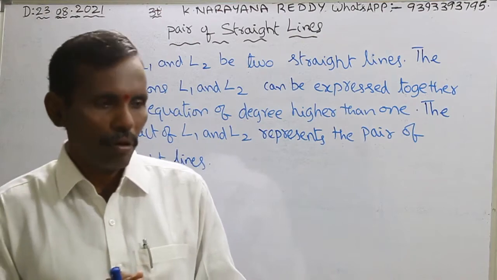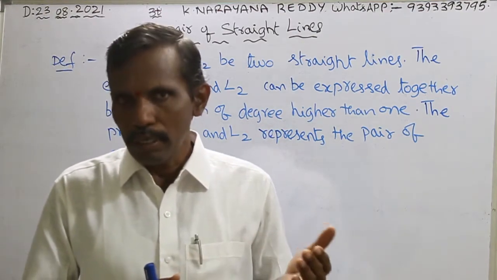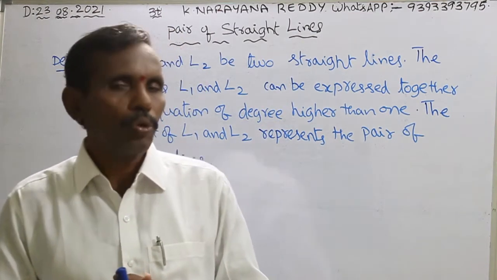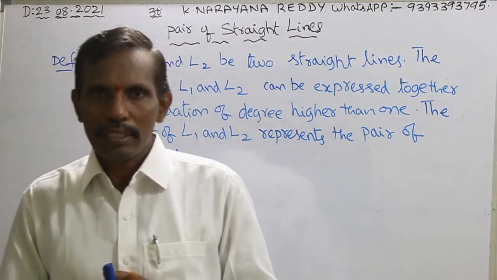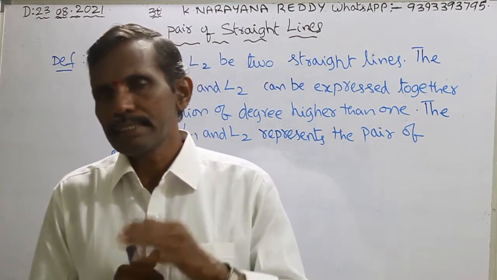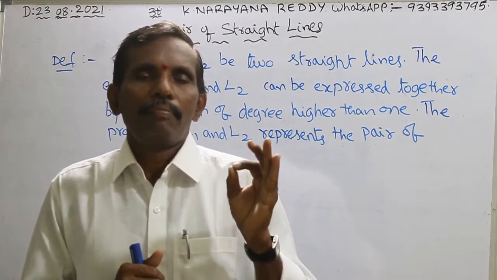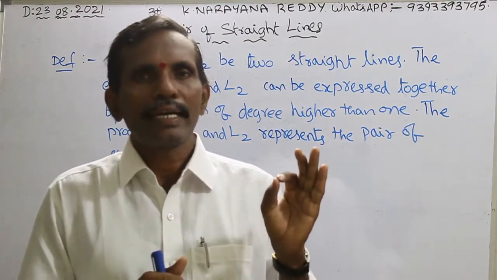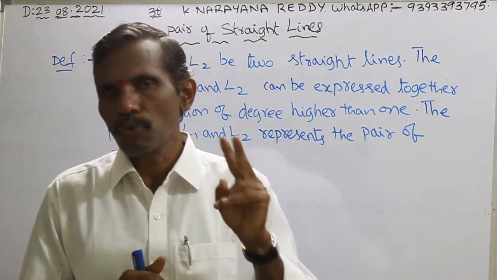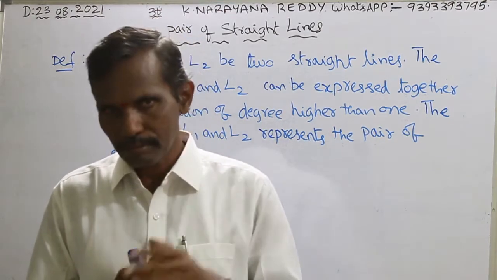You know about order and degree, already told in last classes. So what is order, what is degree? But we want now degree. This second degree equation, the pair of straight lines, is the product of two lines, that is L1 and L2.